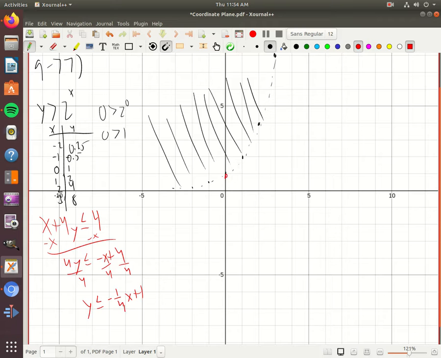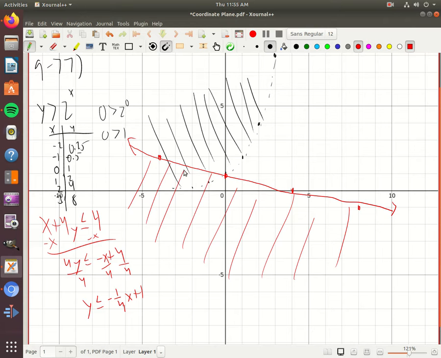I'm going to go to 1 and put a point, and then I'm going to go down 1 and over 4, down 1 and over 4, which means I can go up 1 and over 4. This one appears to be a solid line. And again, I can graph below it. So it looks like my solution set's going to be over here.